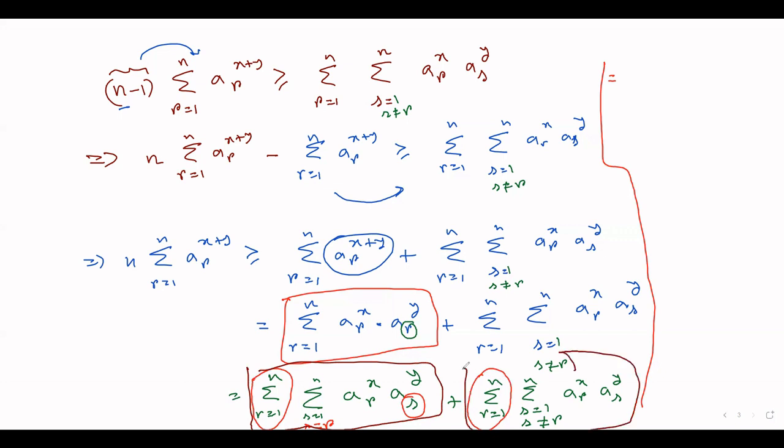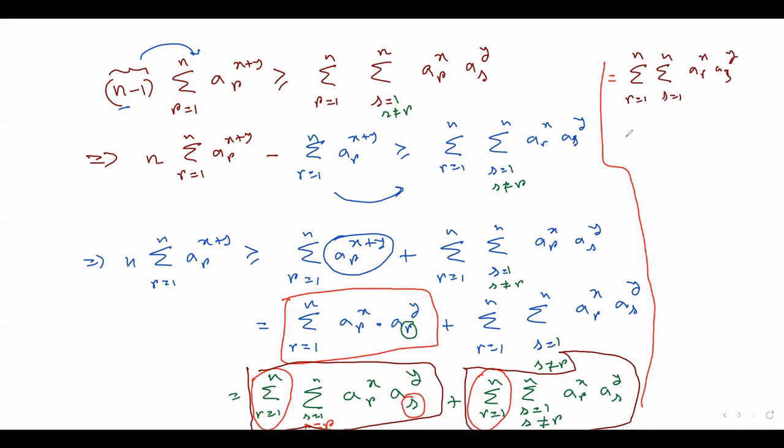They are basically the same expressions and same summations. The only difference is in one we considered S not equal to R, and in the other we considered the cases where S were equal to R. So in a way, we actually covered all the cases, R from 1 up to N, S from 1 up to N, AR to the power X, AS to the power Y. We covered every situation, both cases where S and R are equal and cases where S and R are not equal. So technically we've covered all cases.